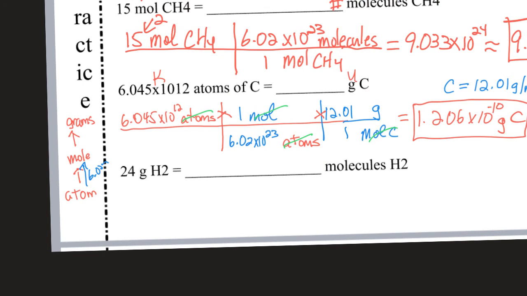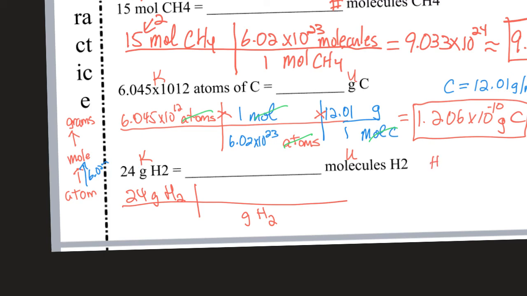Again, this is going to be a two-step problem. We're going from grams, which is our known, to molecules, which is our unknown. I start at the beginning, 24 grams of H2. If I have grams of H2 on the top, I need grams of H2 on the bottom, and I need to find out how many grams of hydrogen, H2, are in 1 mole.